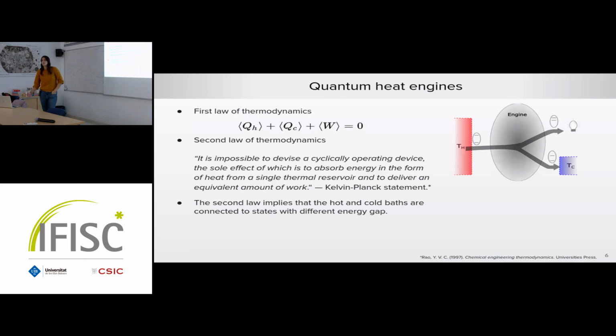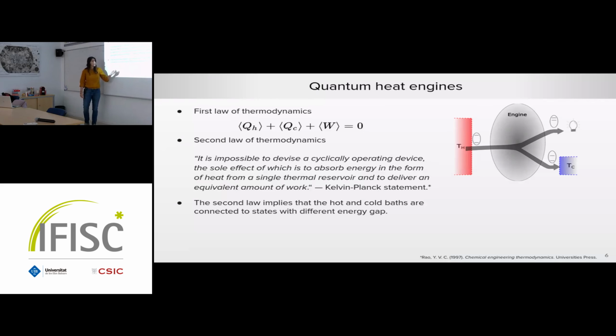Now, when we go to the quantum regime, not so much changes. The first thing is you're going to have a quantized amount of energy exchanged with the engine. And the other thing is the laws of thermodynamics stay the same, but now on average. There is, though, another consequence of the second law, which is that not only are you going to need 2 heat baths, but also they are going to exchange different amounts of quanta with your engine.